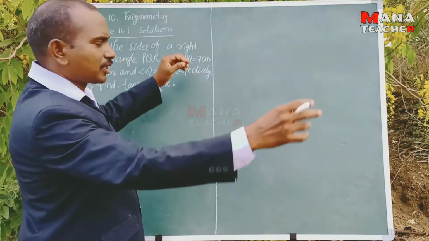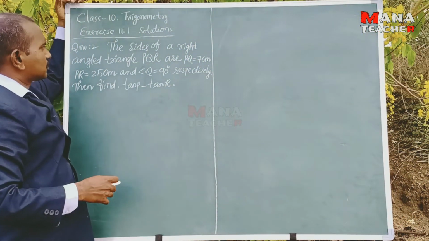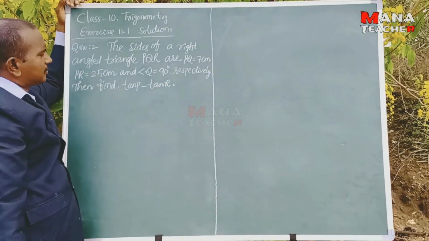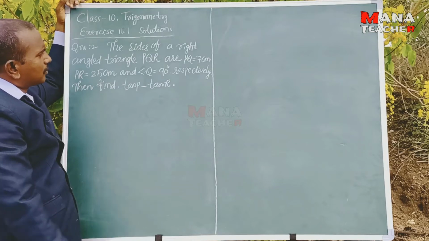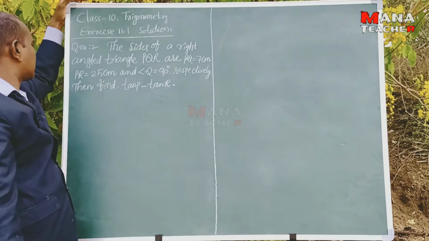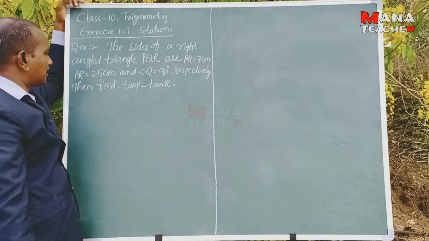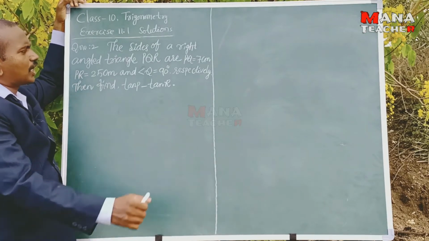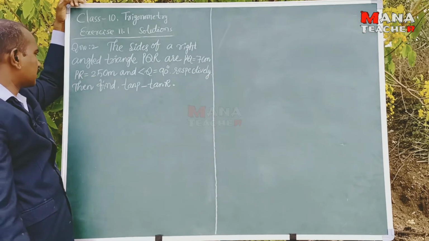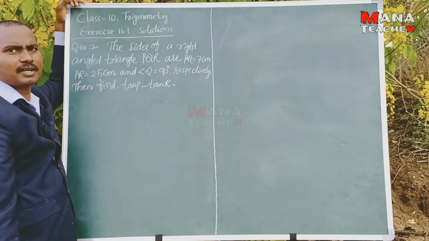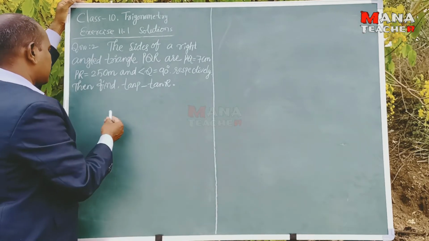Now second question. The sides of a right angle triangle PQR are PQ equal to 7 centimeter, PR equal to 25 centimeter, and angle Q equal to 90 degrees. Then find tan P minus tan R. Solution.